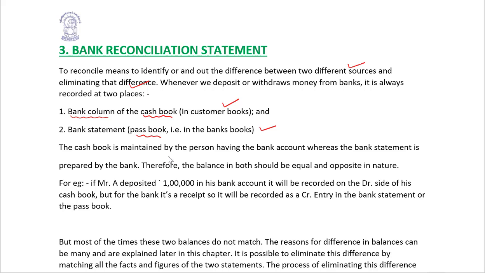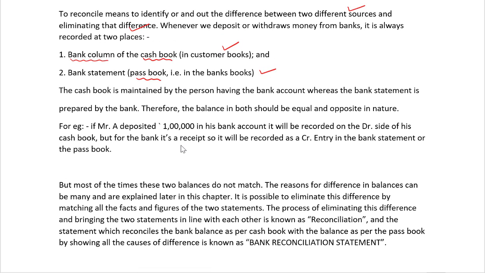So the bank will record in the bank statement and the customer will record in the cash book. The cash book is maintained by the person having the bank account, whereas the bank statement is prepared by the banker, that is the bank. Therefore, we can say that the balance in both should be equal and opposite in nature. One debit, another credit, one credit, another debit.